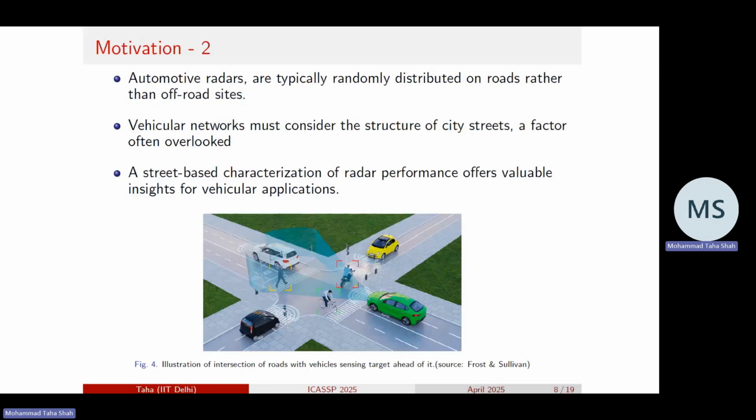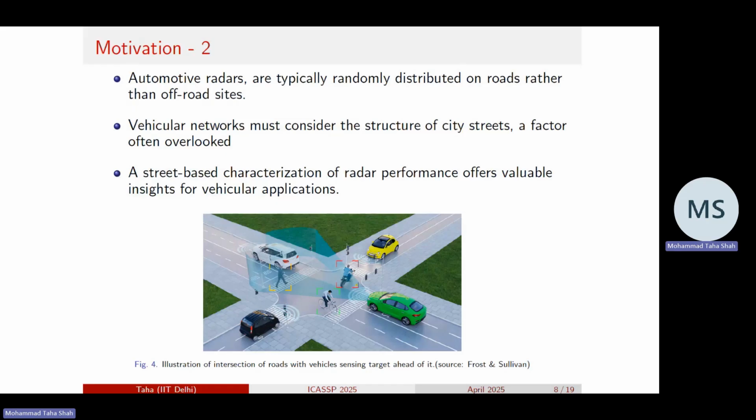The second motivational aspect of my work is that radars are essential for advanced driver assistance systems, supporting features like adaptive cruise control, obstacle detection, and many other applications.